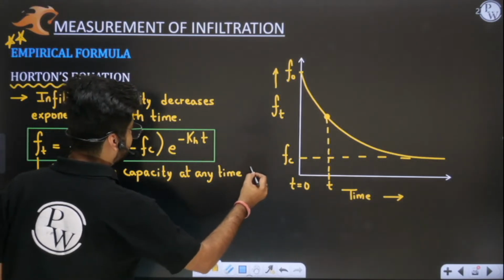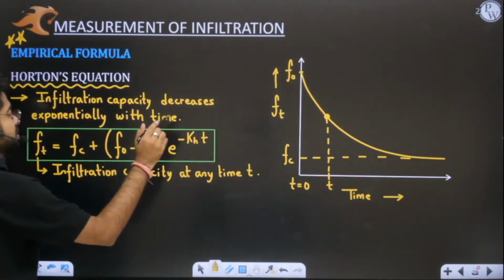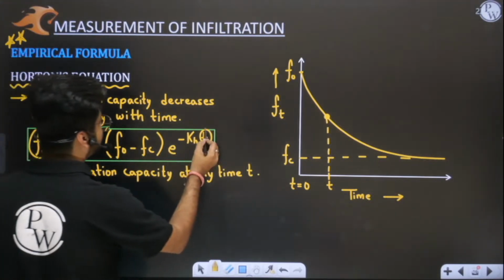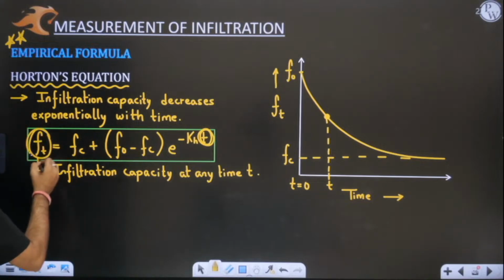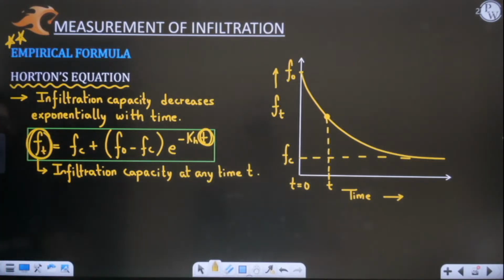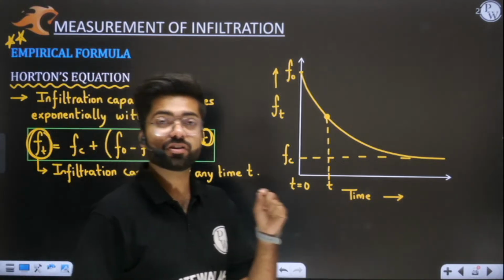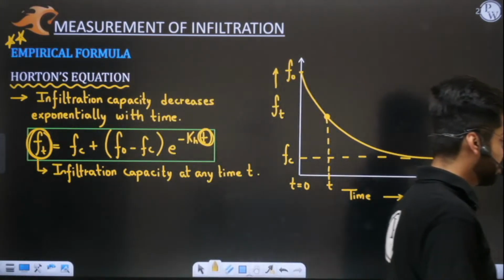Simply in this equation, put the value of t, get ft. Put another value of t, get another ft. See why I have written t here. I have written t here only because infiltration capacity is a function of time. This you have to understand.